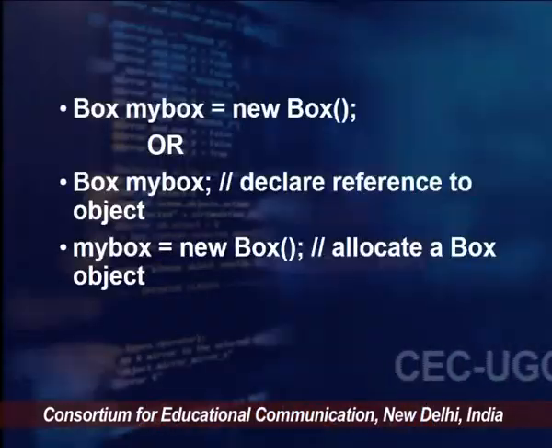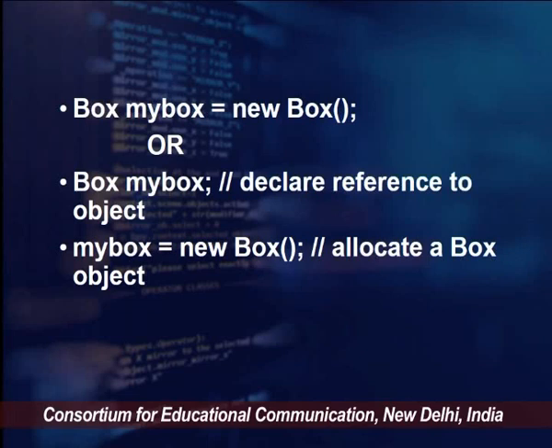No value has been assigned, so it is not yet pointing to any actual object. Any attempt to use myBox at this point will give us a compile time error.